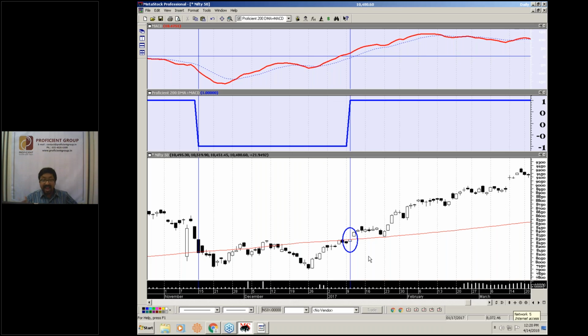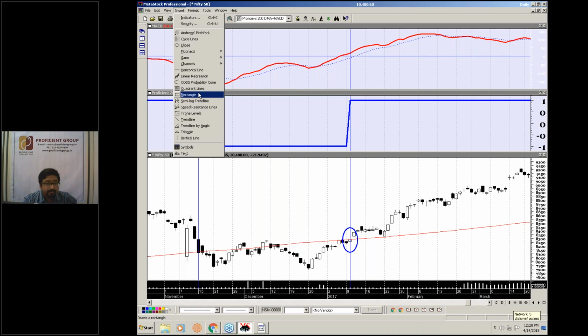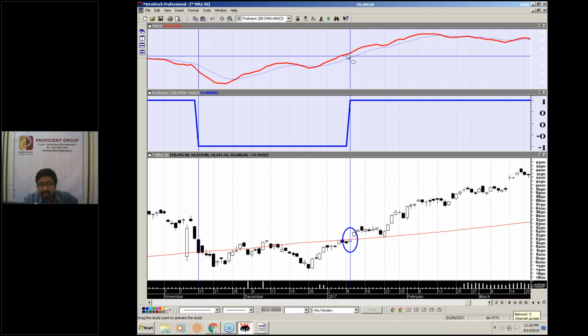The crossover occurred, and simultaneously the MACD, as you can see from here, is again above its zero line. So this is the condition of an uptrend. This condition occurred here on this particular day, so the indicator that we created gives us a signal of an uptrend.